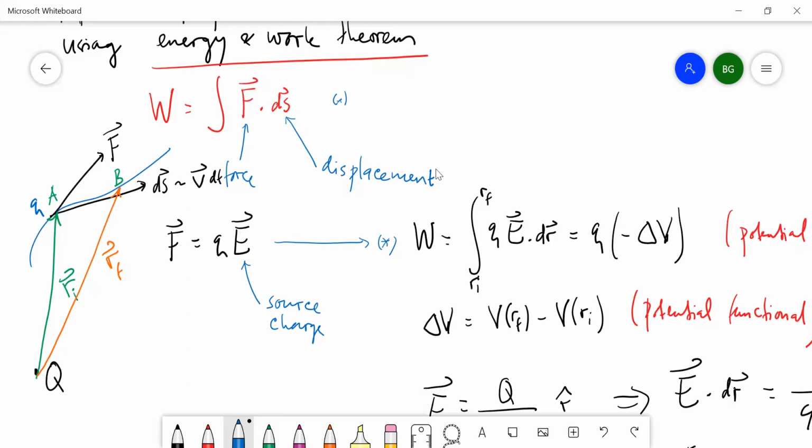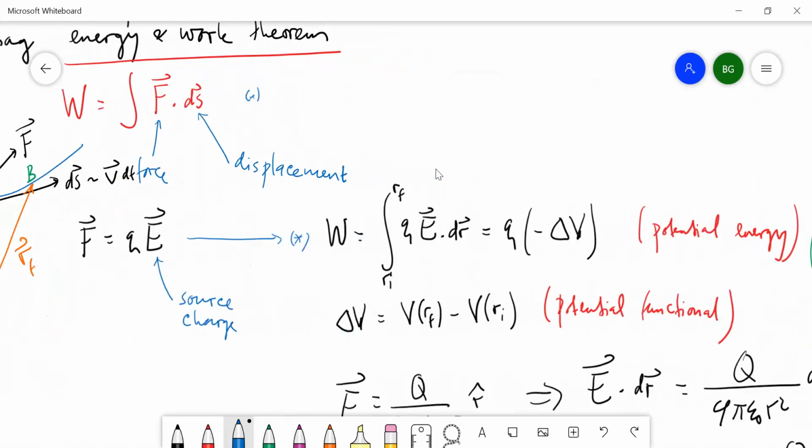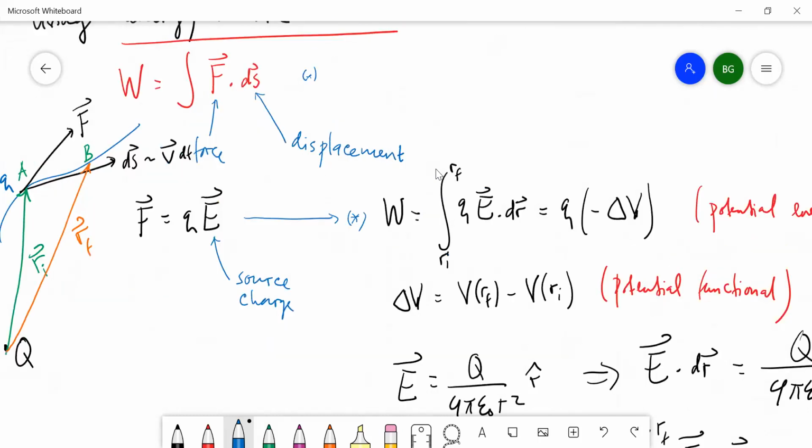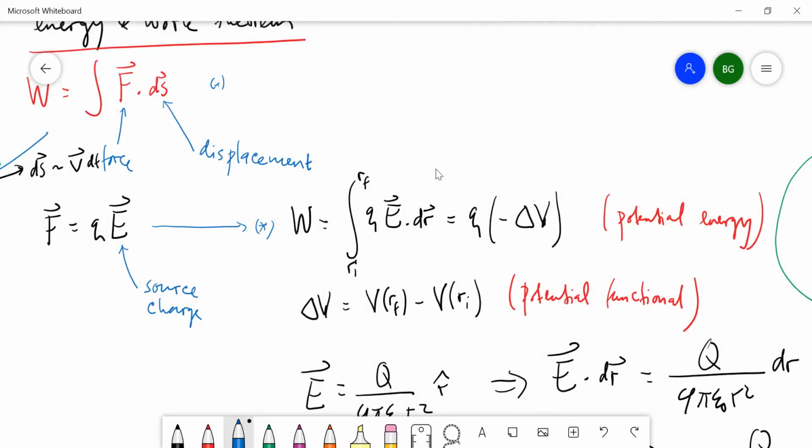If we plug this F into this equation, we will get the work that moves this test charge from A to B equal to q times minus delta V. This W is called the potential energy, and this delta V is the potential function.